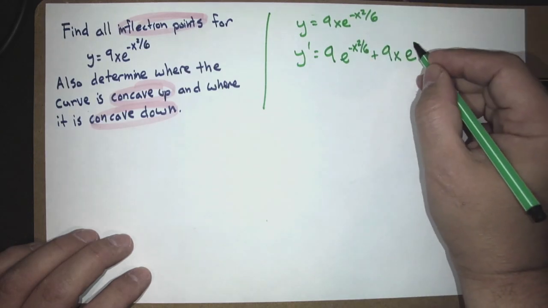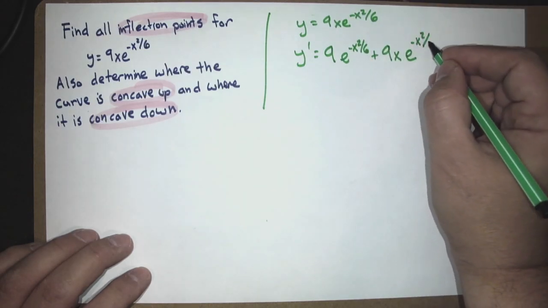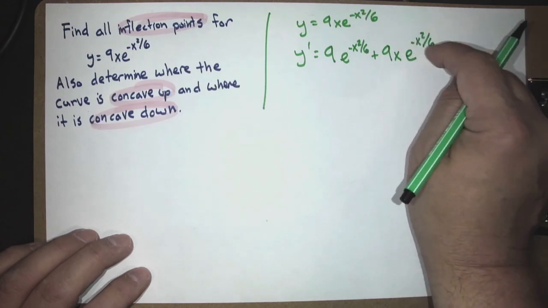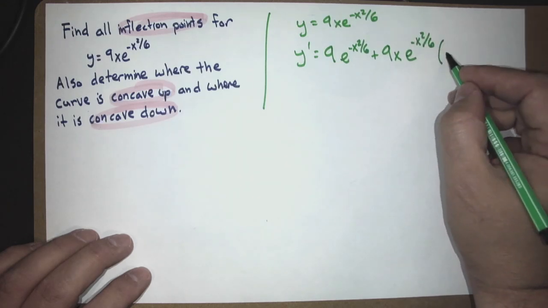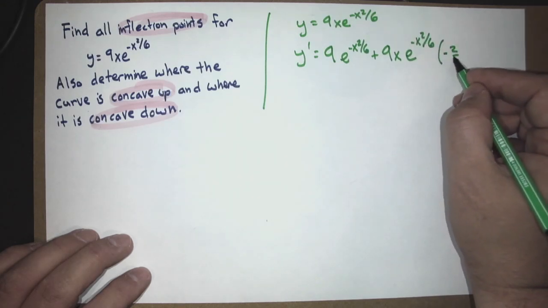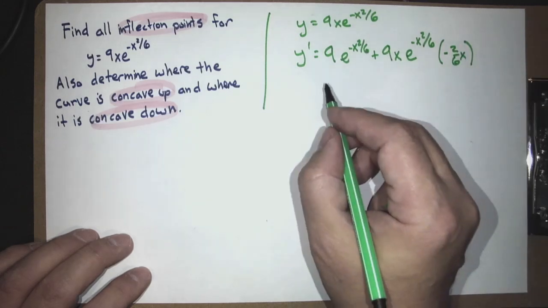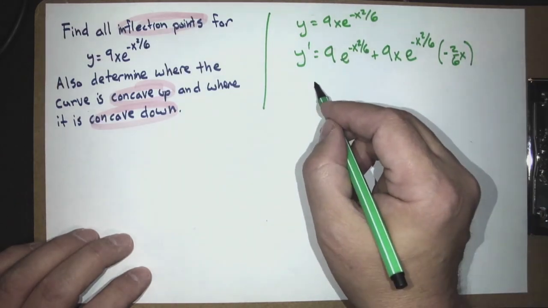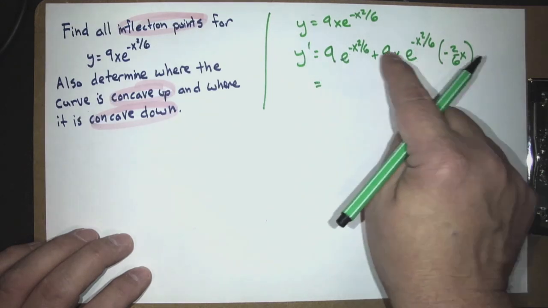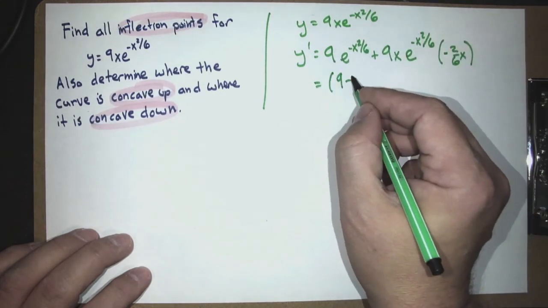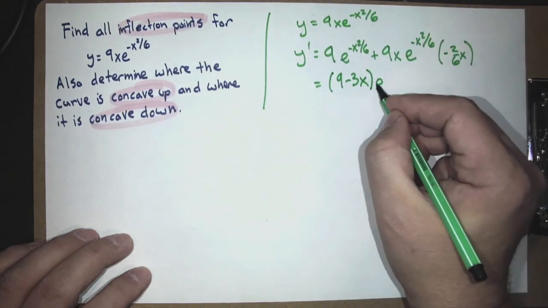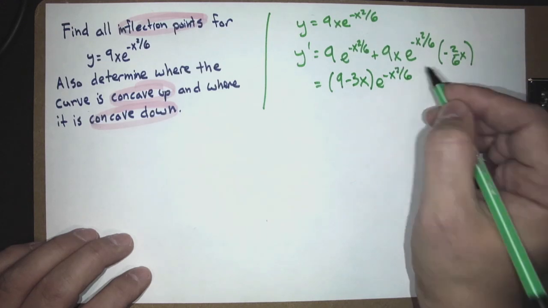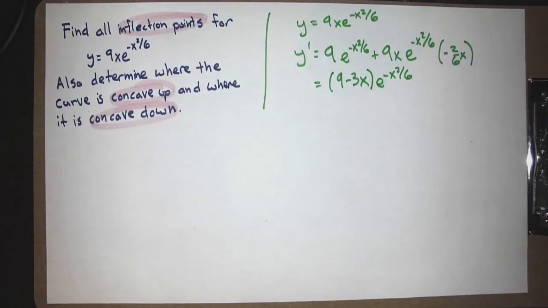Well, e to anything, you write down that e to the thing, times the derivative of the inside. That's the chain rule. And that would be minus 2 over 6x. Minus 2 over 6 is the same as minus 1 over 3. So this becomes 9 minus 3x, and we'll put those together, e to the minus x squared over 6. Okay, so that's the first derivative. Any questions?